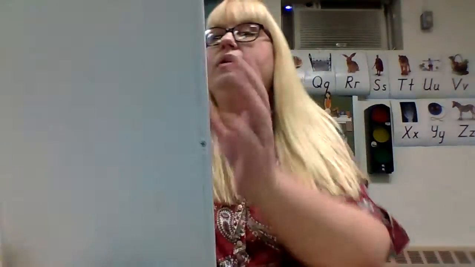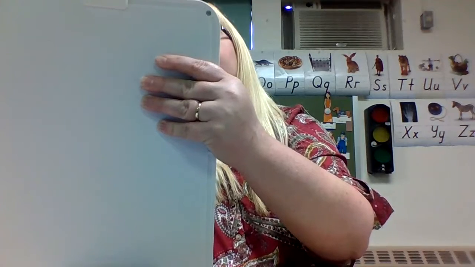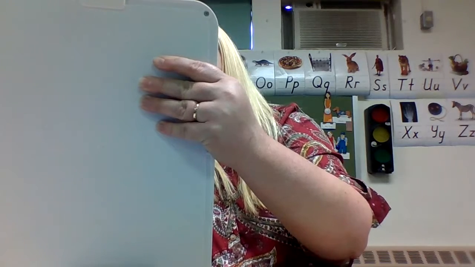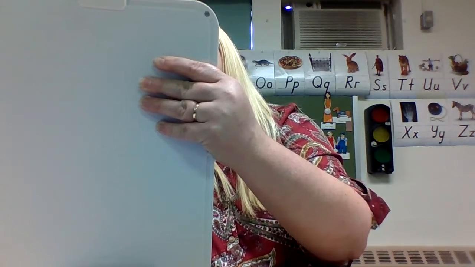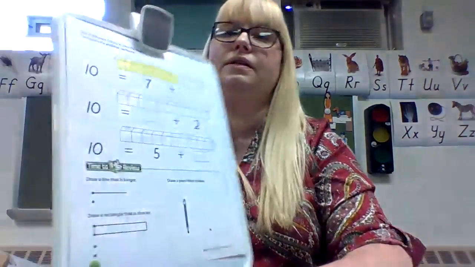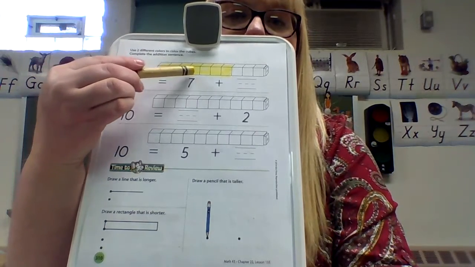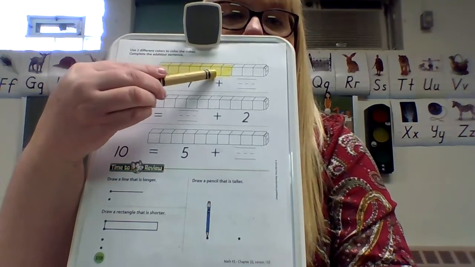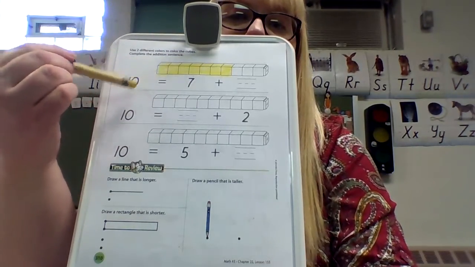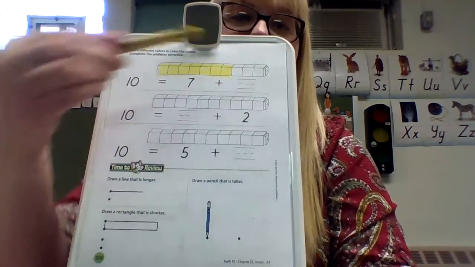All right, let me color them. I'll color them real good for you and you can see. All right, so this is what you're doing. 7. 1, 2, 3, 4, 5, 6, 7. So it's 10 cubes in this row. So 10 equals 7 plus how many cubes are left there?